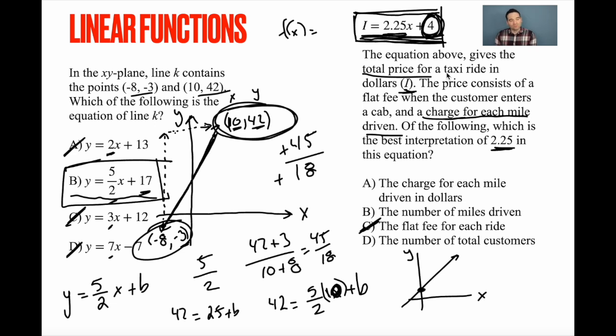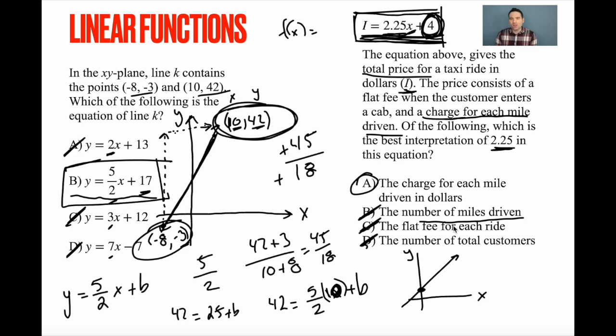So if I drive 1 mile, it's going to be a certain amount. If I drive another mile, that's what x represents. So x is the number of miles that I'm driving, right? We're not dealing with the number of customers. X represents the number of miles that I'm driving. So by process of elimination, 2.25 must represent the charge for each mile that I'm driving.